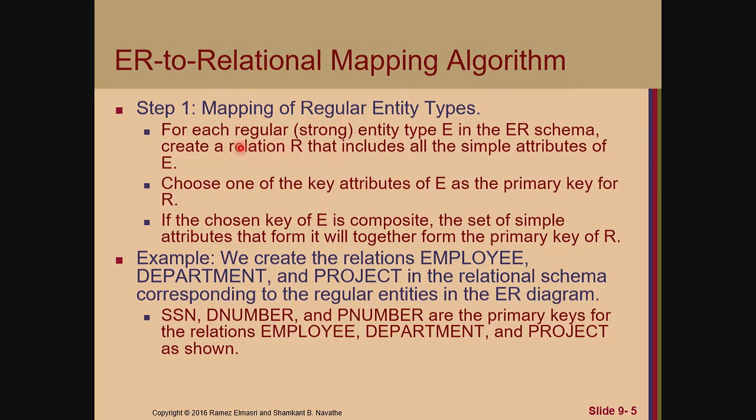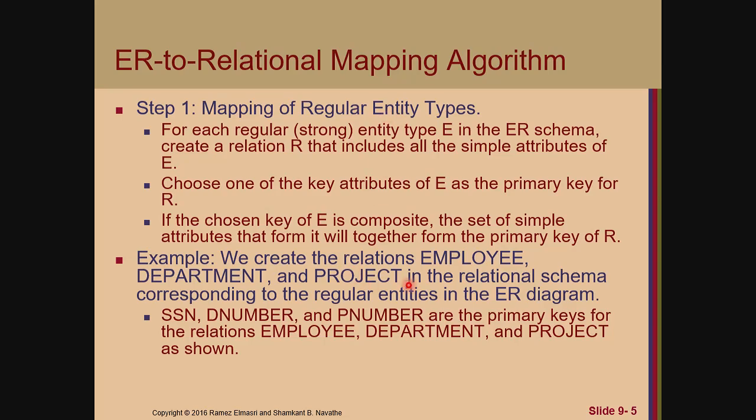For each regular or strong entity E in the ER schema, create relation R that includes all simple attributes of entity E. Choose one of the key attributes of E as the primary key for the relation R. If the chosen key of E is composite, the set of simple attributes that form it will together form the primary key of R. Okay, this is how we map a regular entity to the relational.